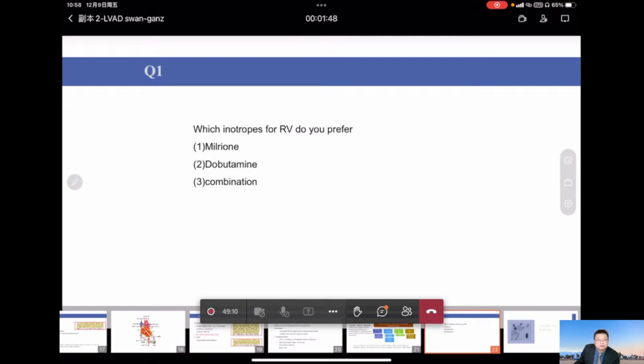How big was this left ventricle? Let me check. It is 56 millimeters. Just above normal, nearly normal. Okay, so it's not as big as we thought.